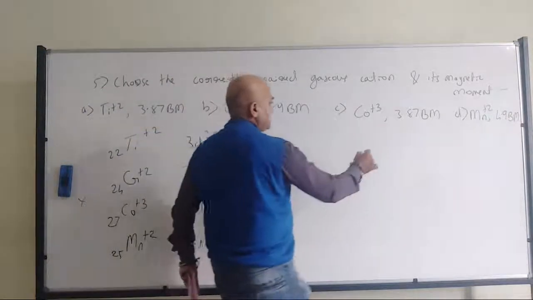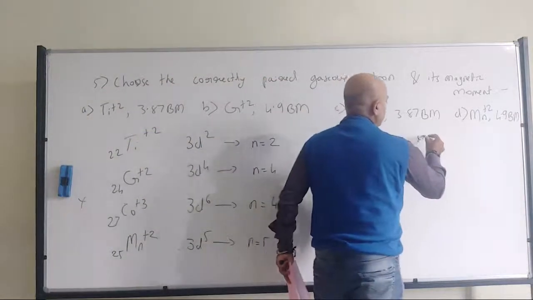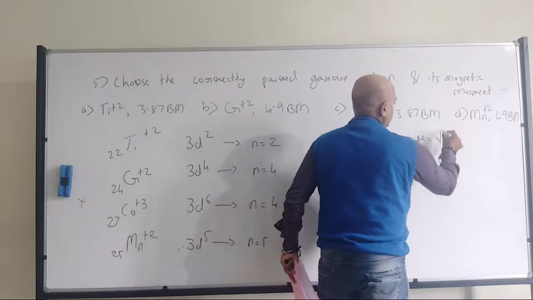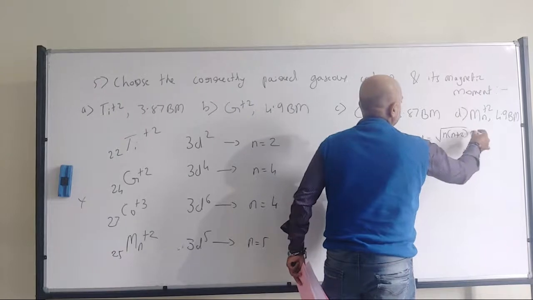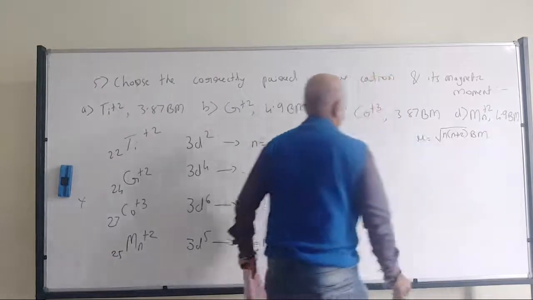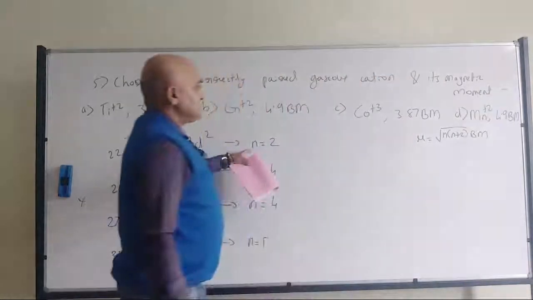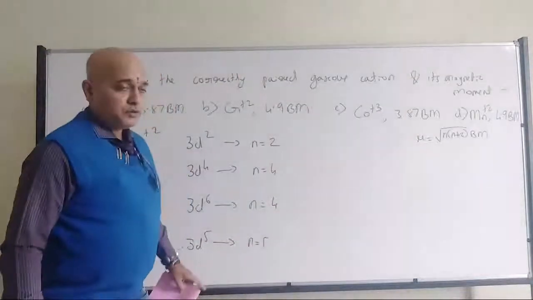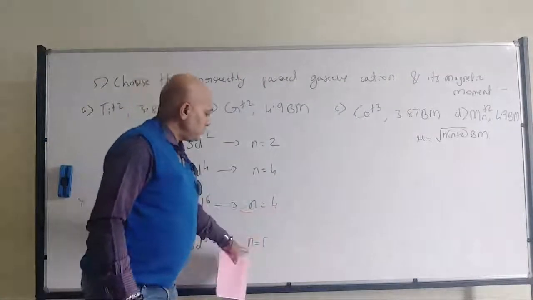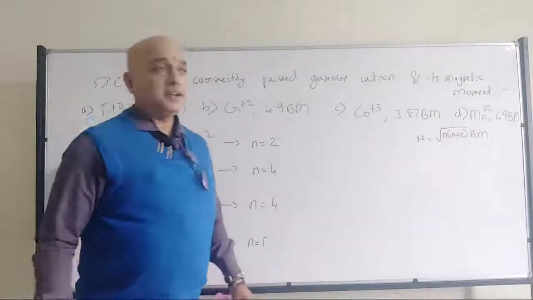Substitute these values into the equation, square root of n into n plus 2 Bohr magneton. In the first case n is 2, second case n is 4, then n is 4, then n is 5.